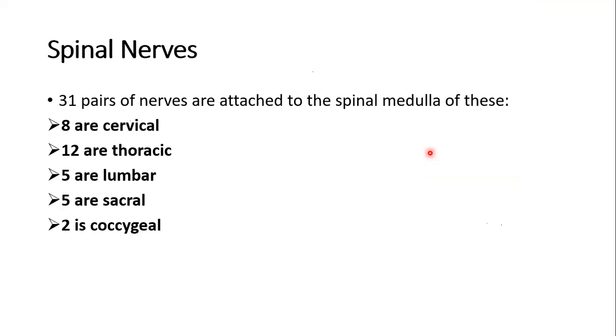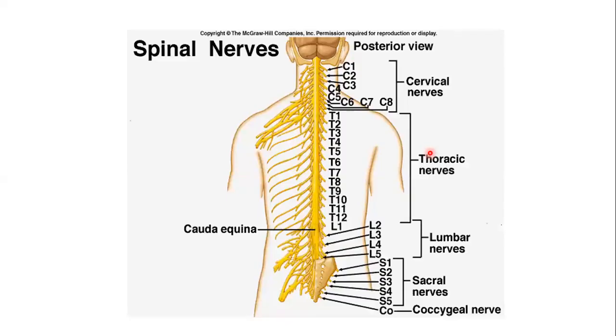Spinal nerves are 31 pairs and they are arranged together. As you can see here, there are 8 cervical, which means they are in the neck. There are 12 thoracic, which means at the ribs, then 5 lumbar below the ribs, then the sacral and the coccygeal.